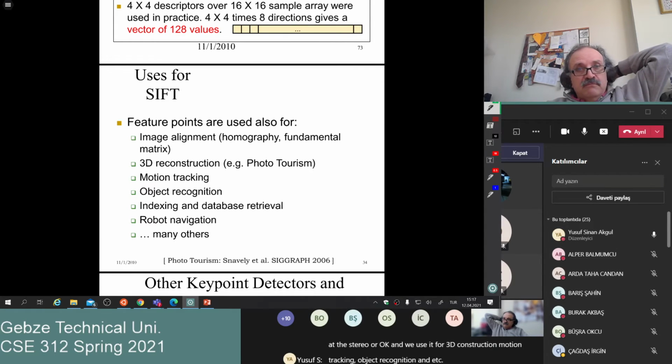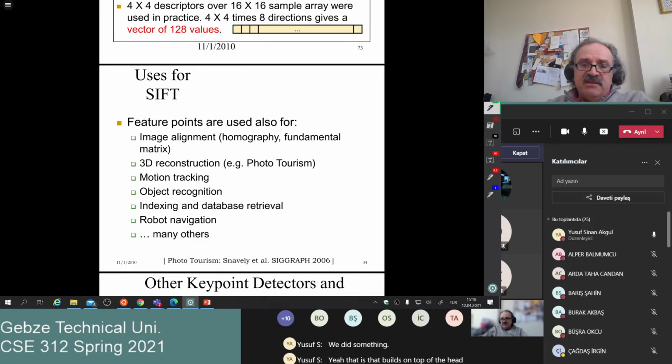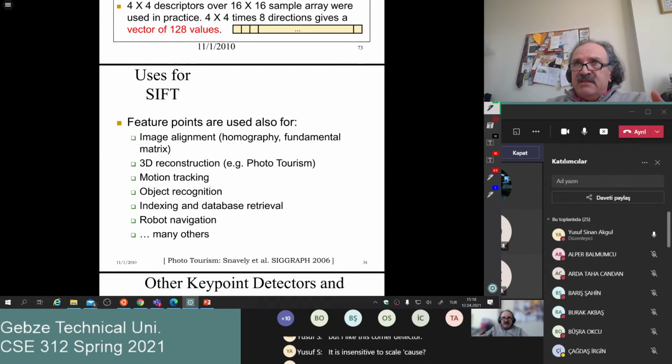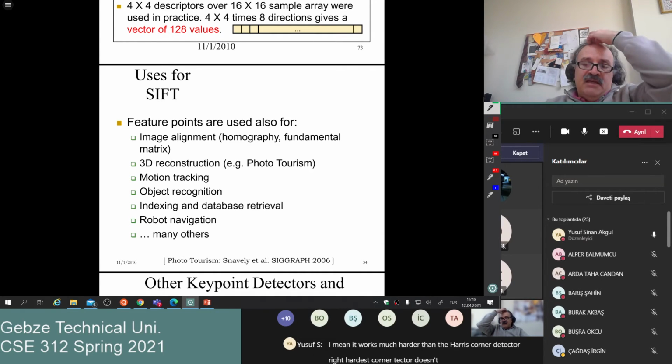So we did something that builds on top of the Harris corner detector, but unlike the Harris corner detector, it is insensitive to scale, because it works much harder than the Harris corner detector. Harris corner detector doesn't take scale into consideration. It runs at the original scale.